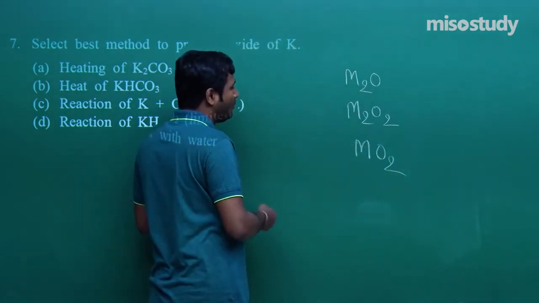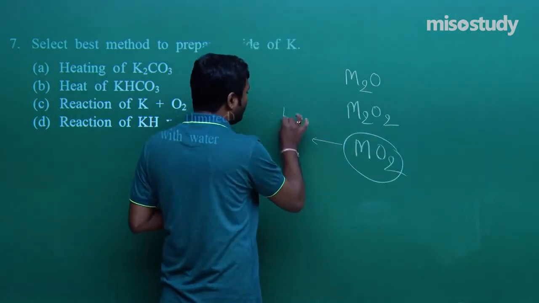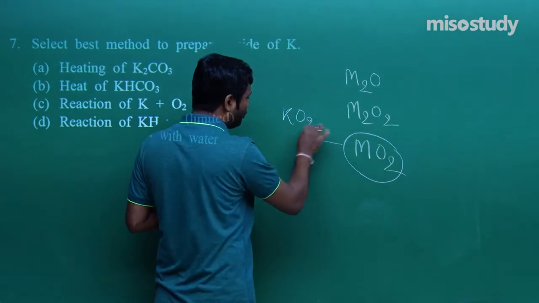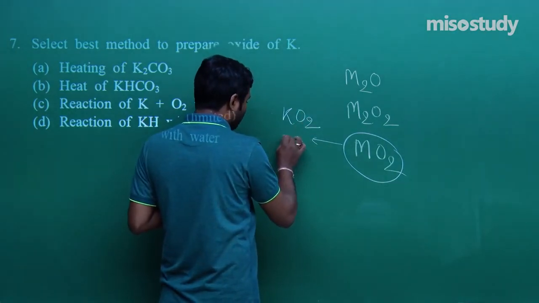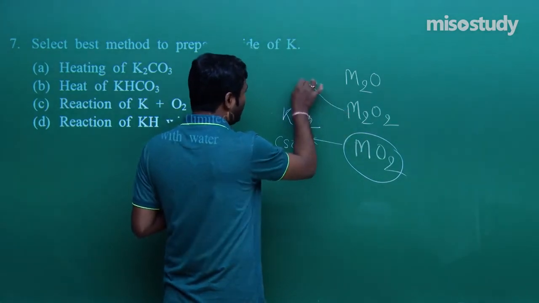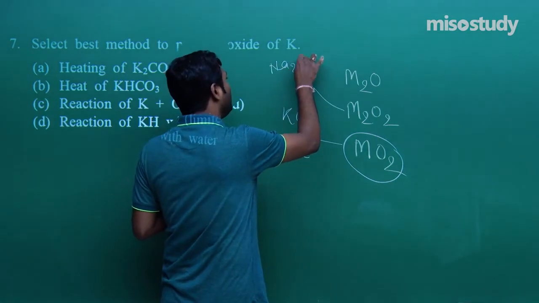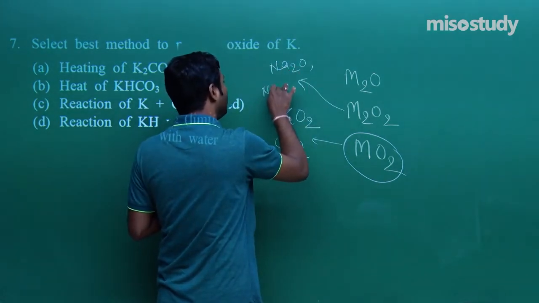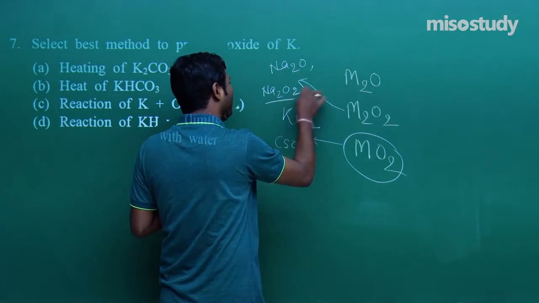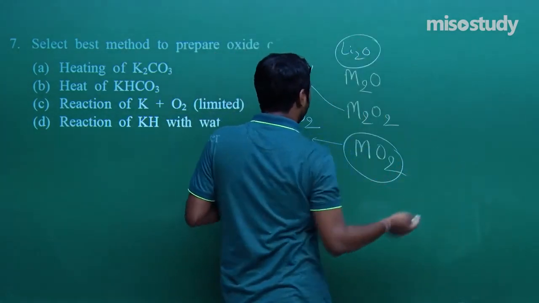If I talk about potassium, rubidium, cesium, they form superoxide like KO2, CsO2, and so on. Sodium forms Na2O, normal oxide, and it forms Na2O2 peroxide.